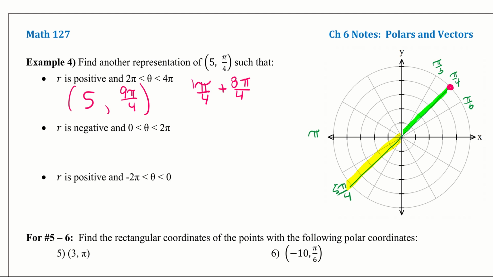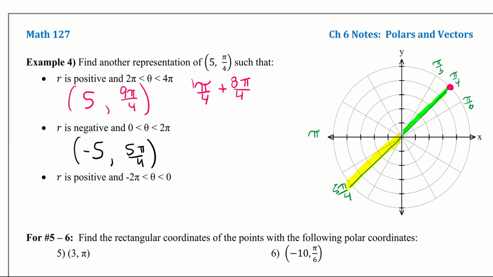And I want my angle to be in between 0 and 2 pi, which 5 pi over 4 is. So I'm going to call this negative 5 and 5 pi over 4. So I'm going to go to the angle position of 5 pi over 4. But then since I'm going with a negative radius, I'm going to go back exactly 5 units the opposite direction, which would land me at the point.